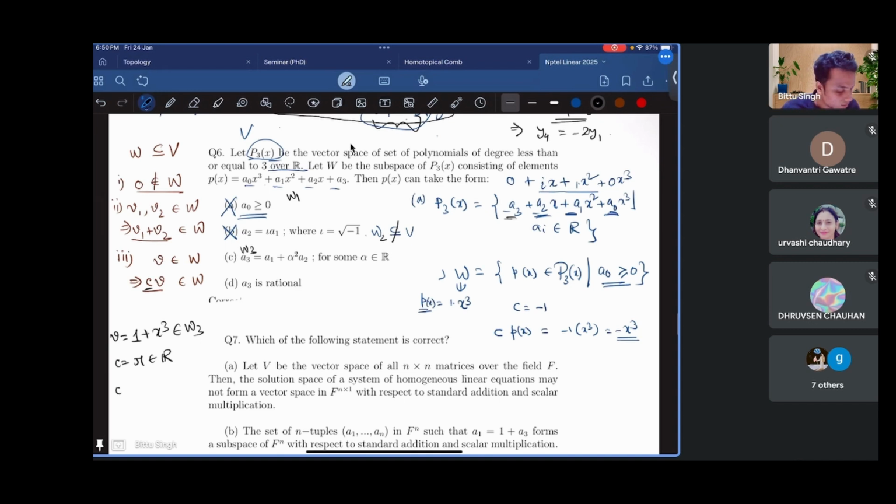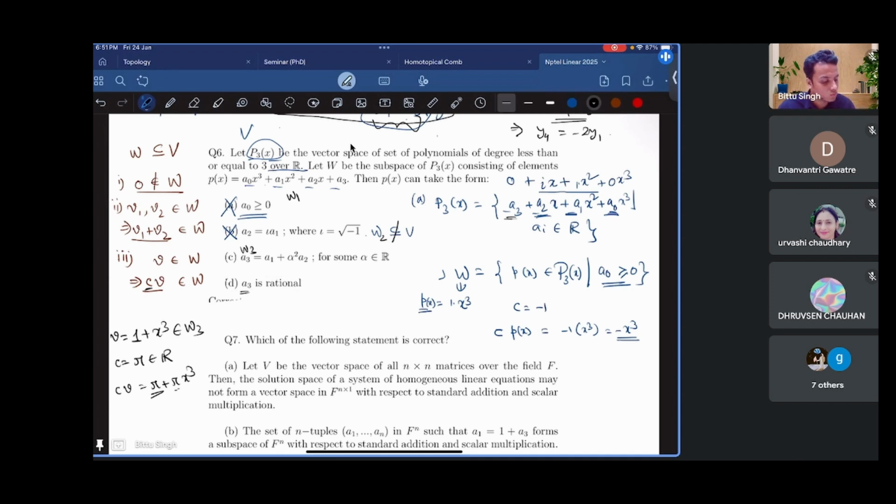Now multiply C with V, then you will get pi plus pi x cube, right? Now you can see that the coefficient of A3 is not a rational number, but it is given that the coefficient of A3 should be rational. So again, it violates the condition.